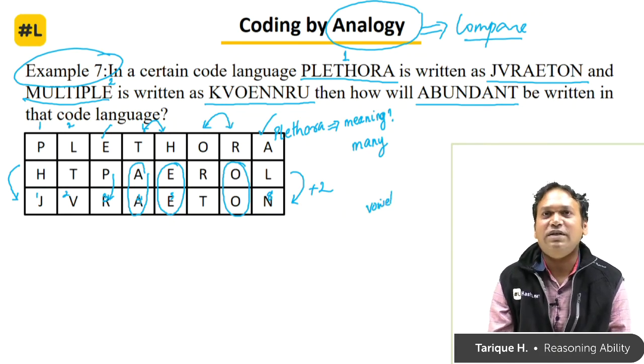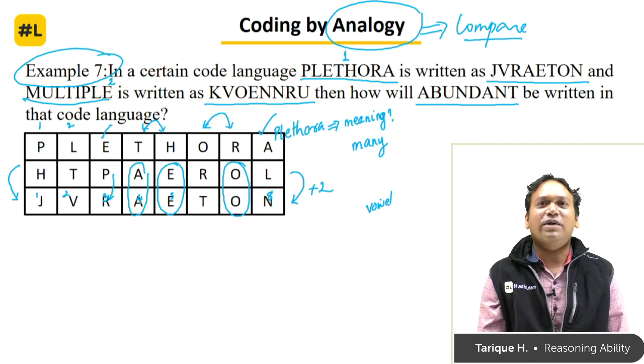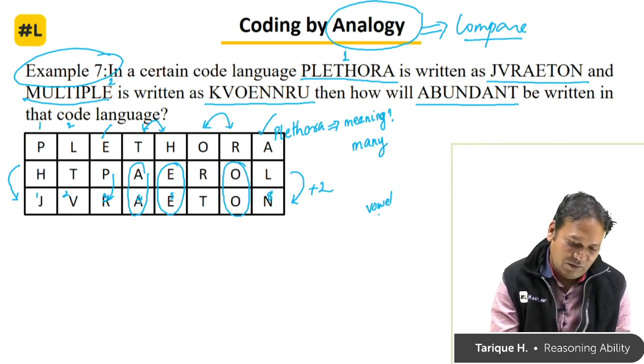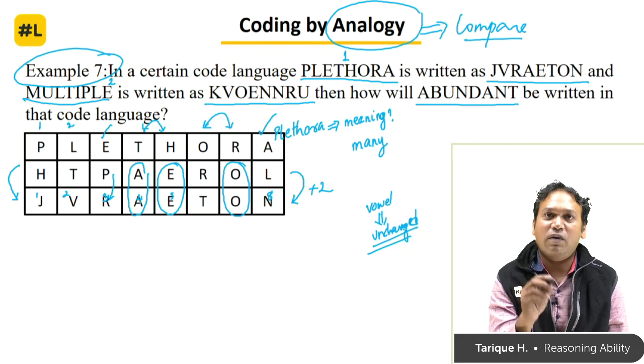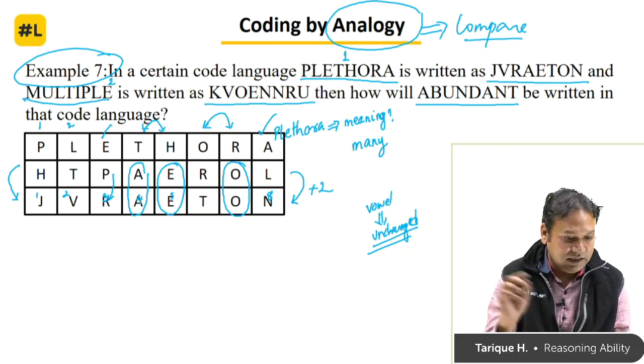So in my questions you will see sometimes I treat vowels separately, consonants separately. So vowels I don't like touching them. Vowels remain unchanged, but after what? After the change in position. Vowels remain unchanged after the change in position.